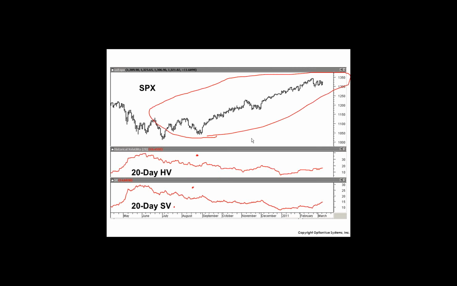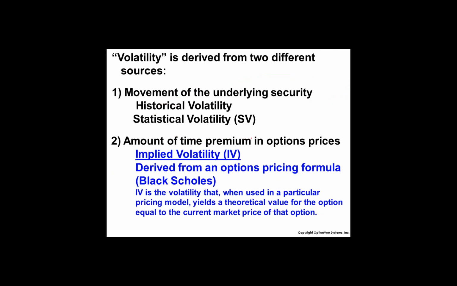Now, separate from that, we're going to go to another way of getting volatility, and that is we're going to look at the option prices themselves. Whole different ball game. For those of you new to options, it's important that you understand two types of volatility: the kind where we look to the asset, and the kind where we look at the option prices.